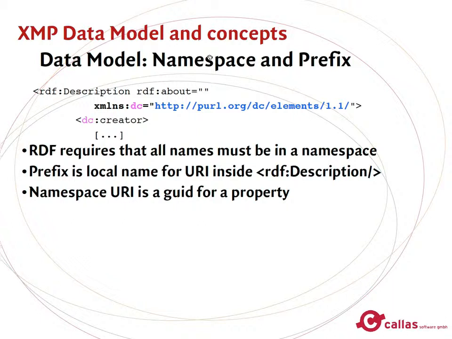And the namespace URI is a globally unique ID for that property schema. By this URI you have a unique address for these properties.